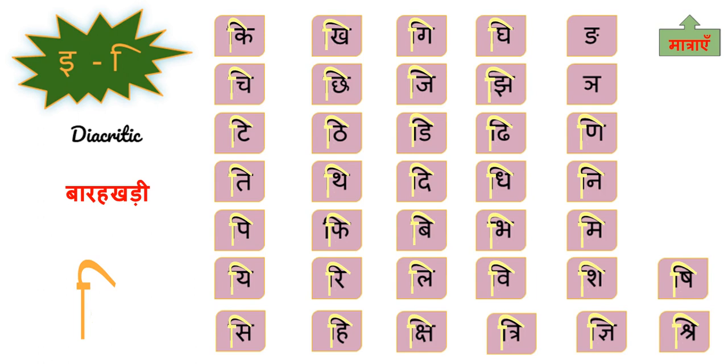K sound will be constant, and the vowel sound of E will also be added to the consonant, and it gives you the sound of K plus E, ki. And these consonants will be read like ki, khi, gi, ghi, etc.